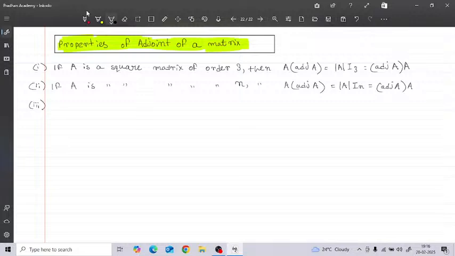Then the third property is that (AB) inverse is equal to B inverse A inverse.